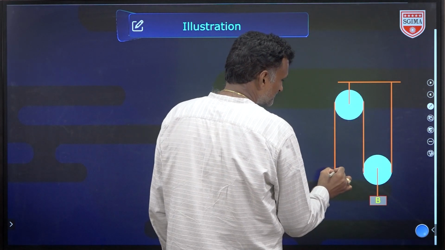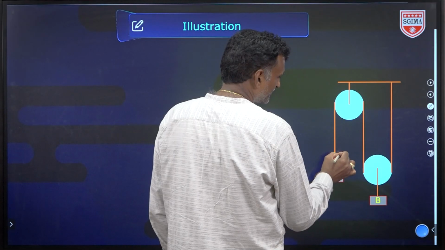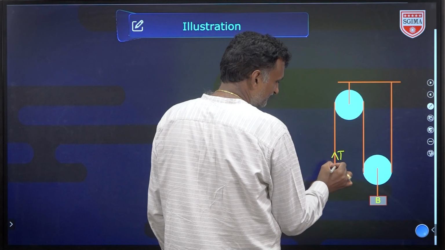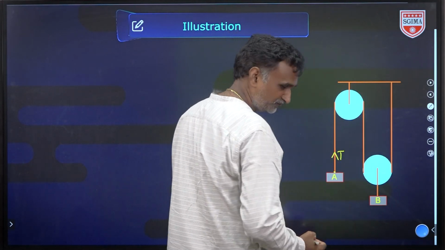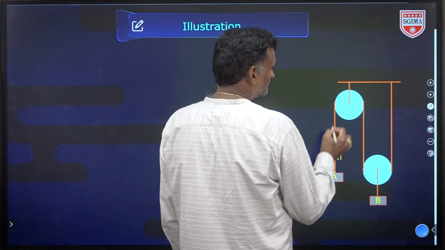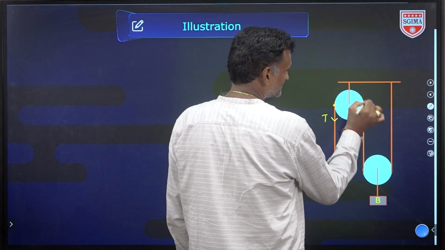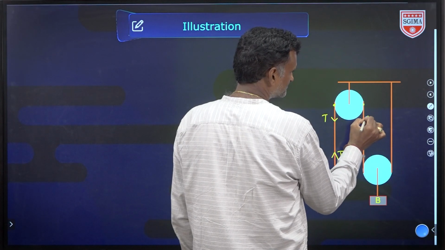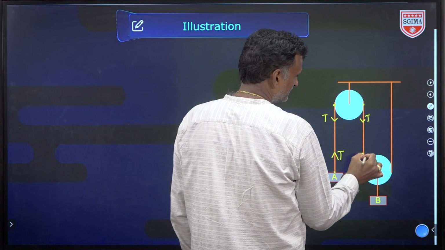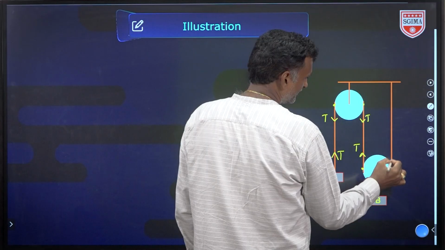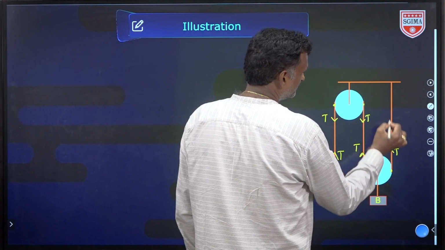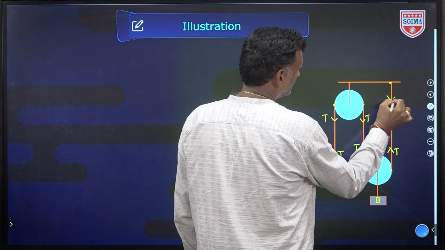So, I am taking tension T acting upward because it always acts opposite to the point of contact, right. So, here at this point downward, the same tension transfers; here it is downward, here it is upward, again here it is upward, here it is downward.